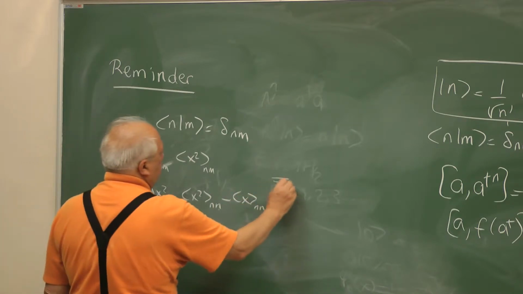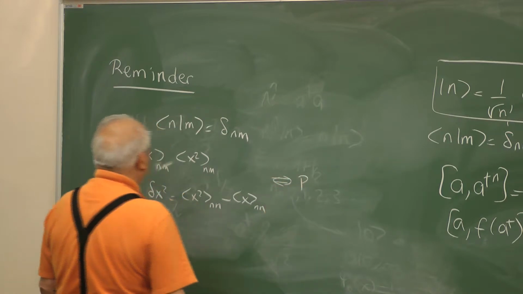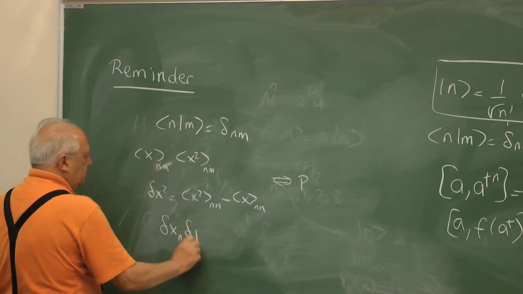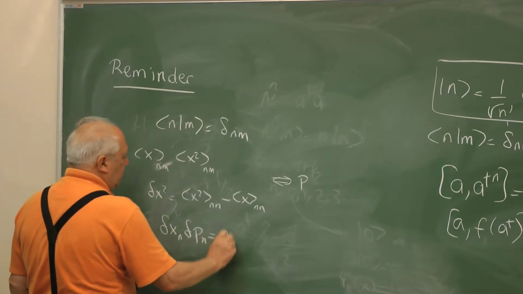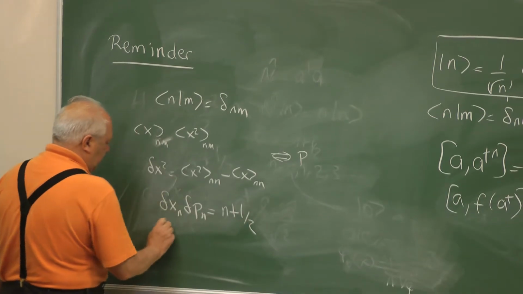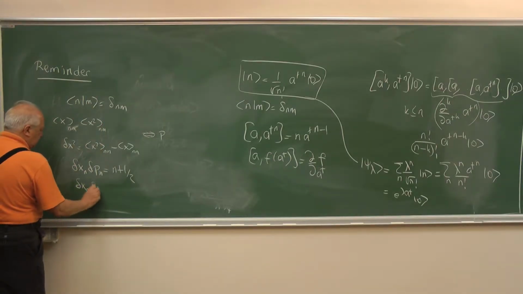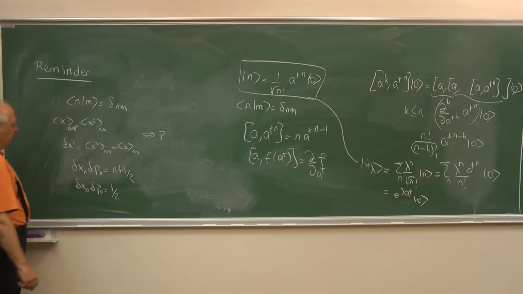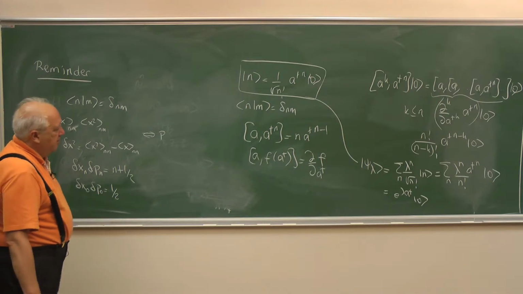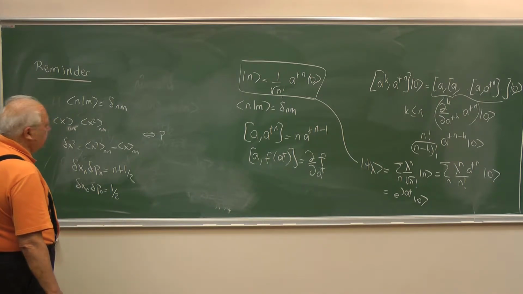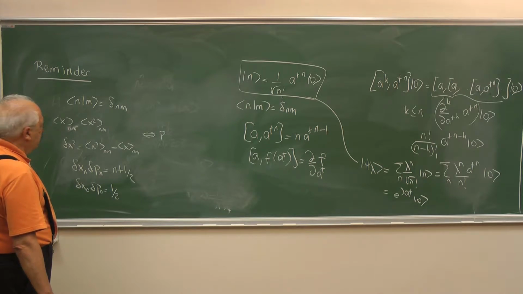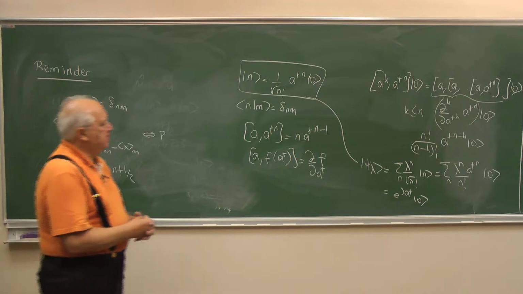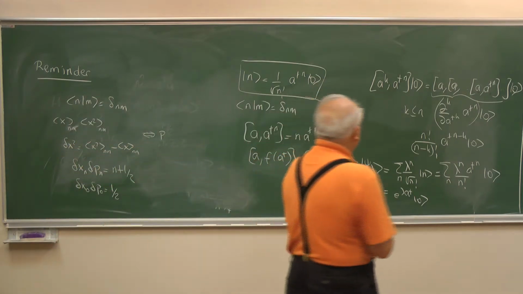Similarly for p as well. And we found, for example, this important relation, delta x delta p was equal to n plus a half. And for the ground state, n equals 0, this is the lowest possible quantum mechanical uncertainty product. All right, so that was practically where we left last time.